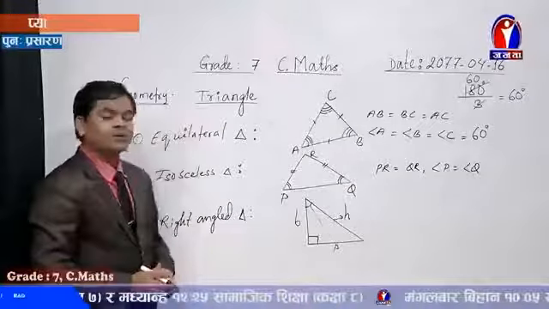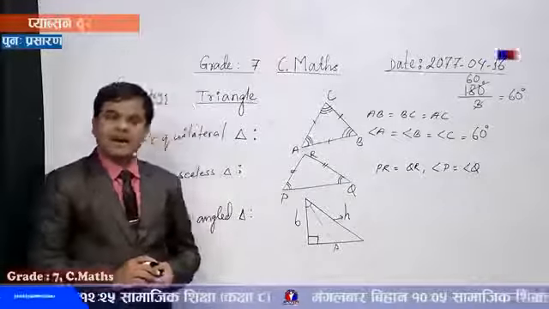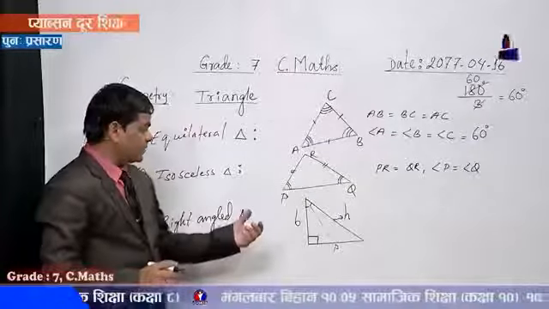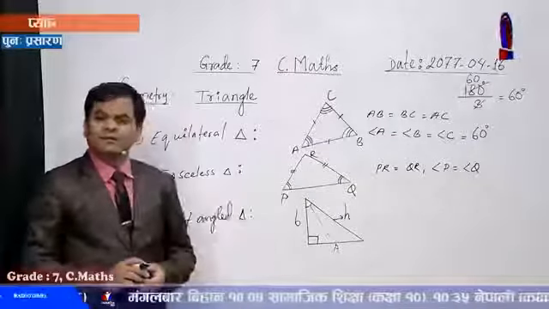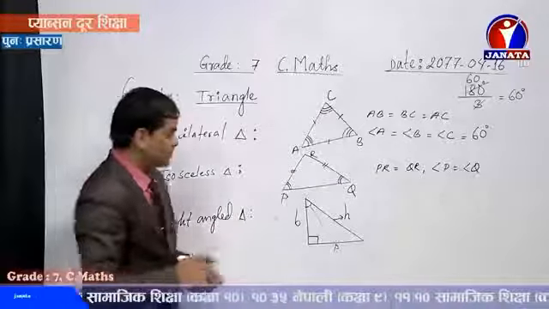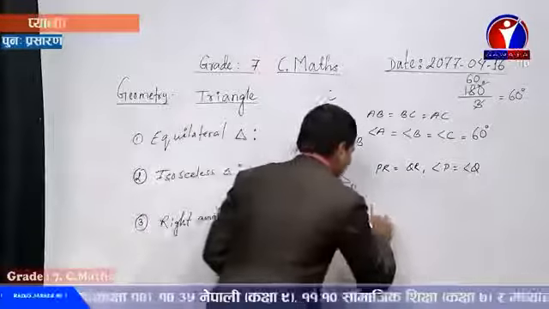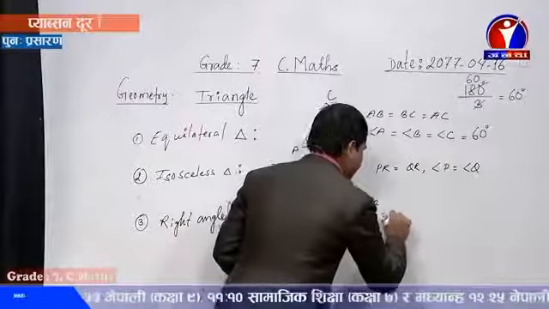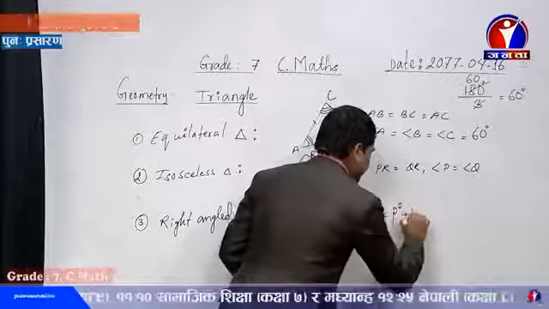And dear students, Pythagoras invented one very essential theorem regarding the right angle triangle: hypotenuse square equals perpendicular square plus base square.